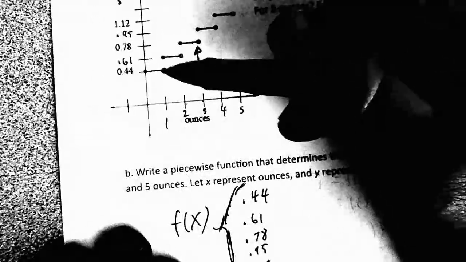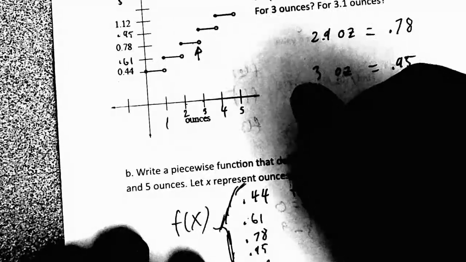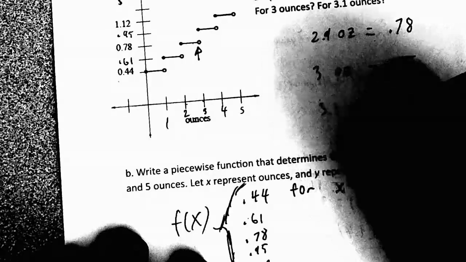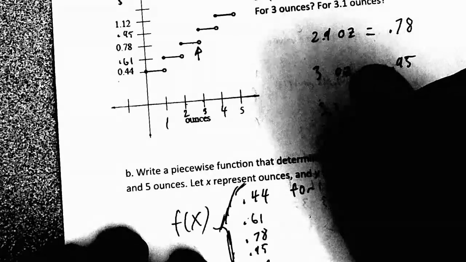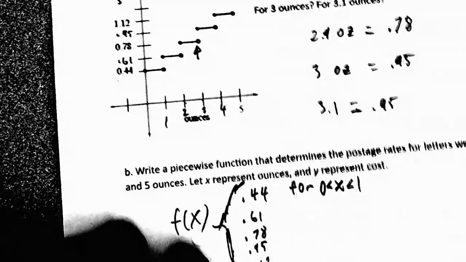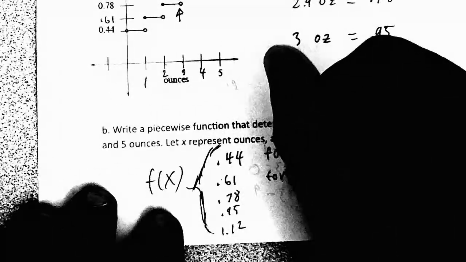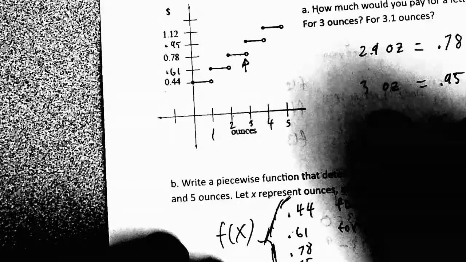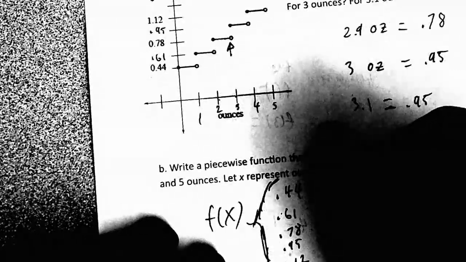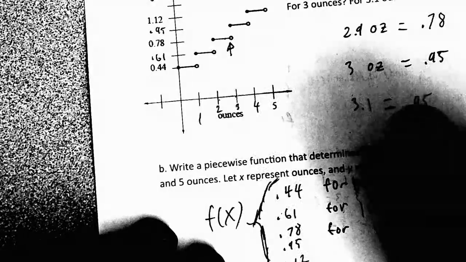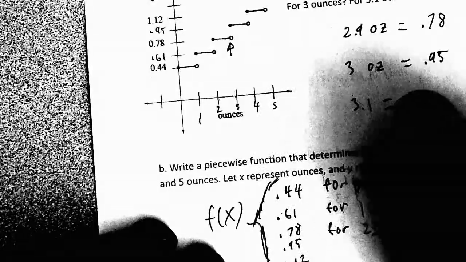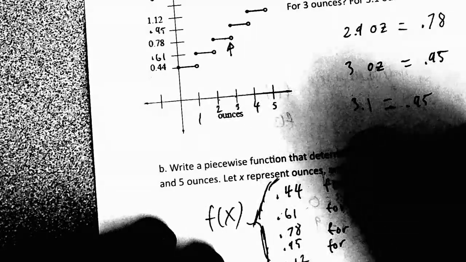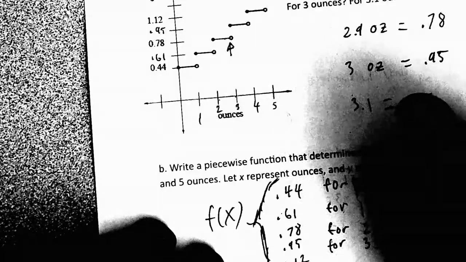Now that is for everything from, so I'll put x greater than 0, but less than 1. 0.61 for x, now notice the filled hole, greater than or equal to 1, but less than 2. 0.78 for x, greater than or equal to 2, but less than 3. 0.95 for x is greater than or equal to 3, but less than 4.